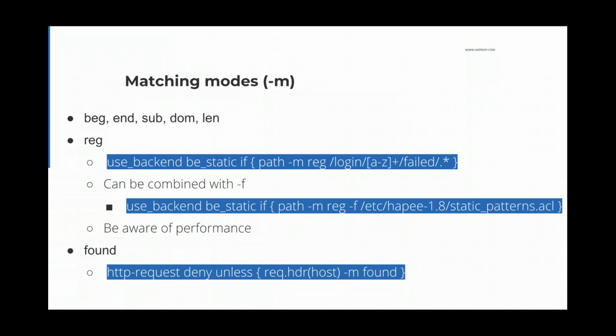This will be CPU hungry, but is a very useful way to detect which paths you're dealing with, especially if it's complicated enough where you can't do it via begin and sub, which I would almost always recommend doing if you can. You can combine any of the match modes with -f, which will load the patterns from a file. Otherwise, you just specify the values directly on the ACL line.